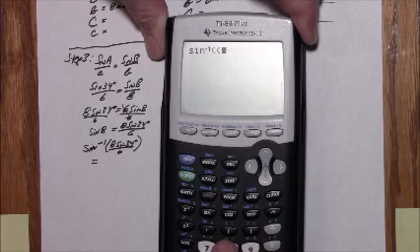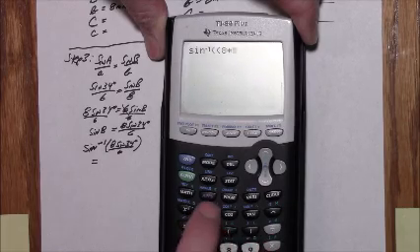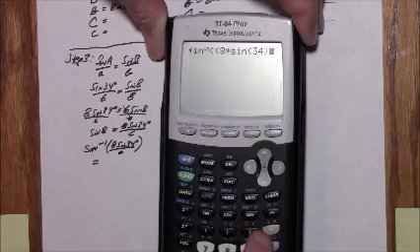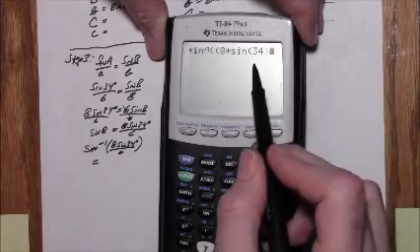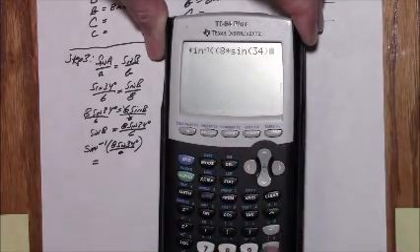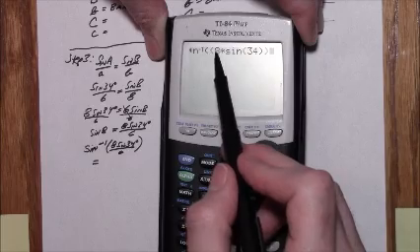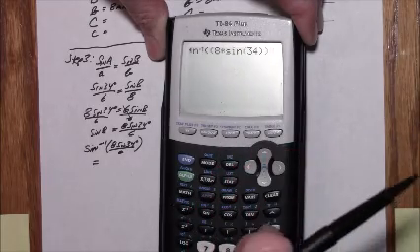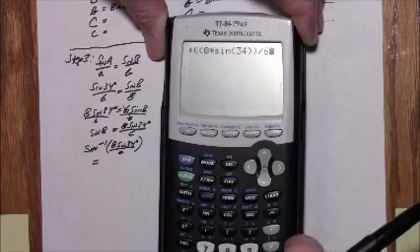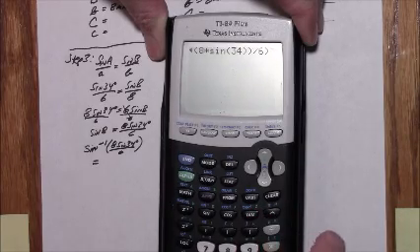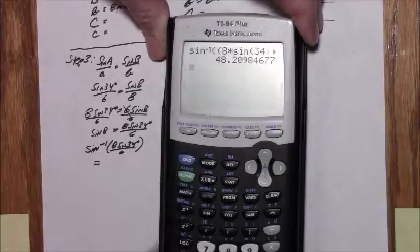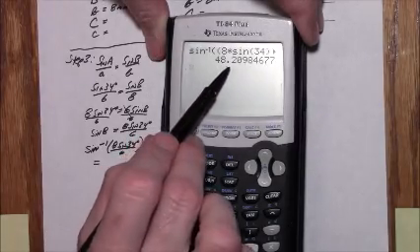So it's going to be 8 times the sine of 34, and all of that in its own separate parentheses. Then I do divided by 6, and I'll close the first parentheses. And that gives me an angle amount of 48.2 degrees.